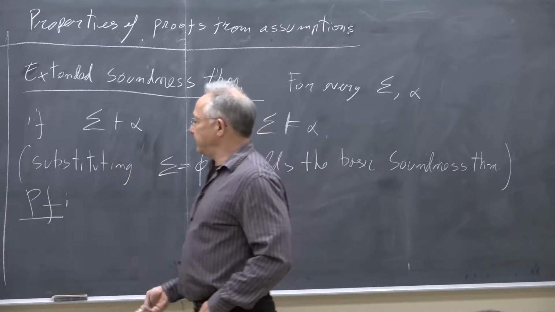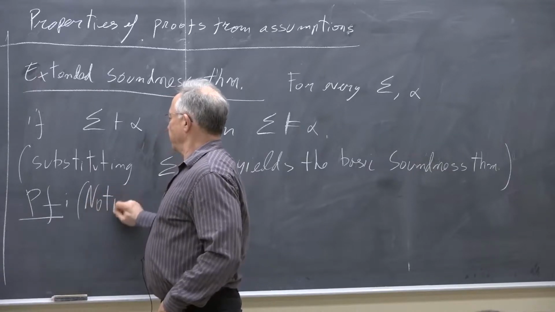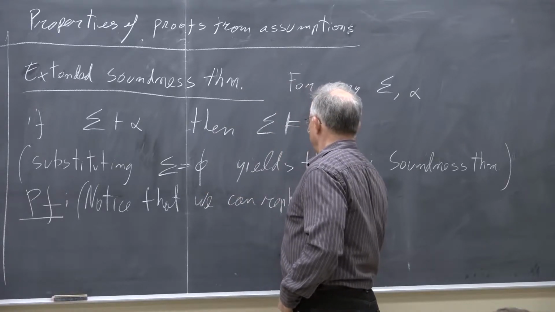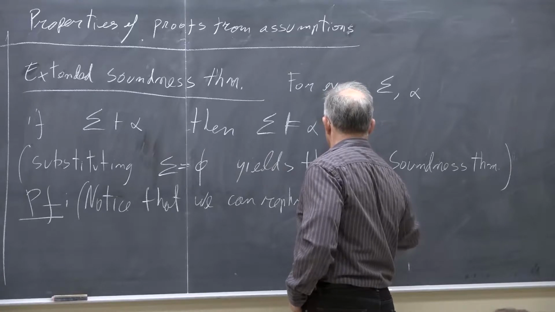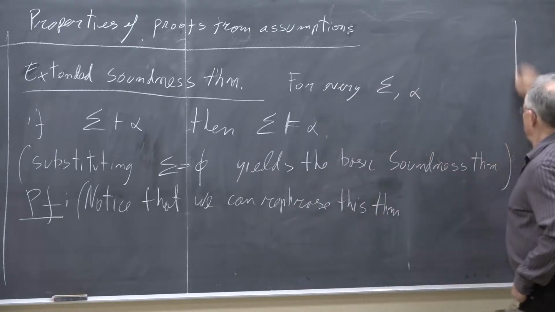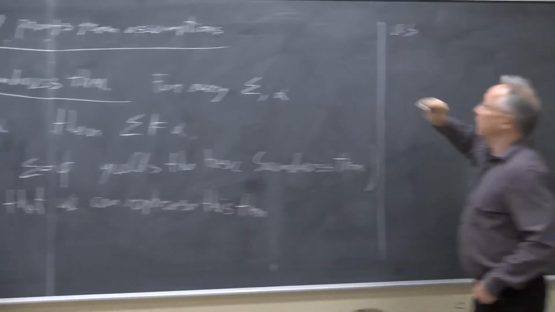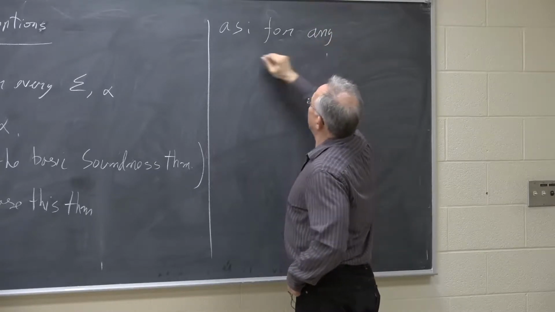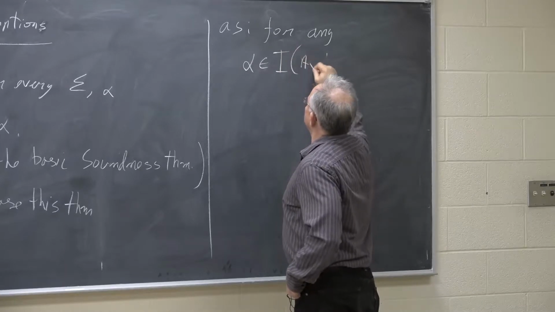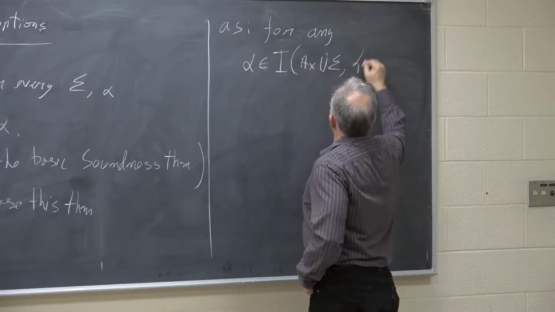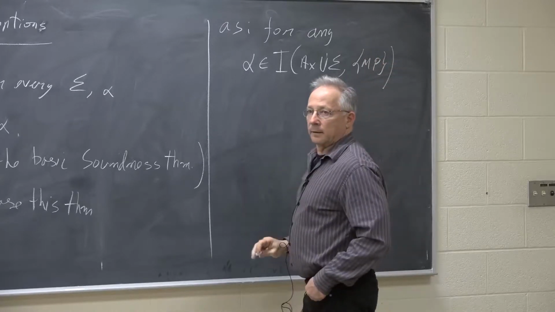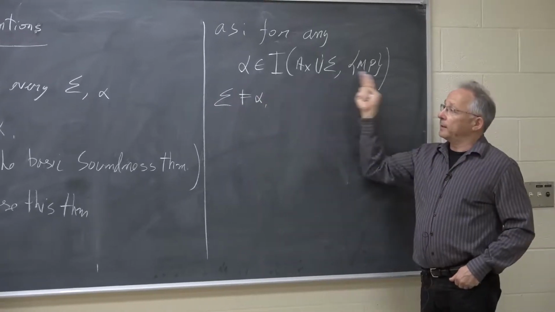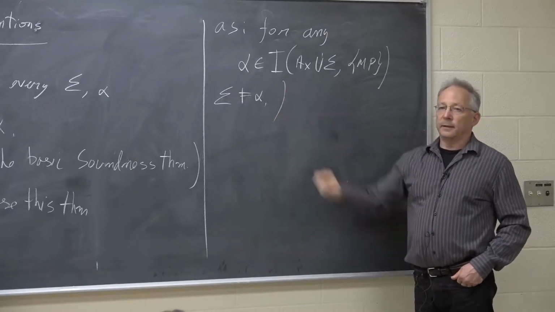Just notice that we can rephrase this theorem as: for any alpha in I of axioms union sigma, MP, sigma logically implies alpha.